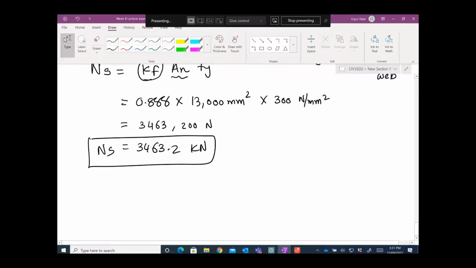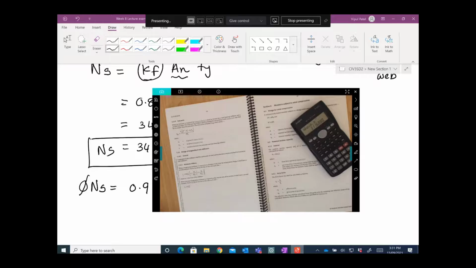If someone asks you to calculate with the capacity reduction factor, you can multiply by 0.9. 3463.2 kilonewtons times 0.9, you get 3117 kilonewtons. And where is this 0.9 coming from?